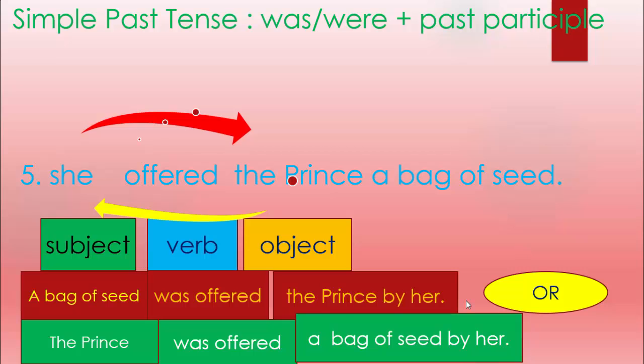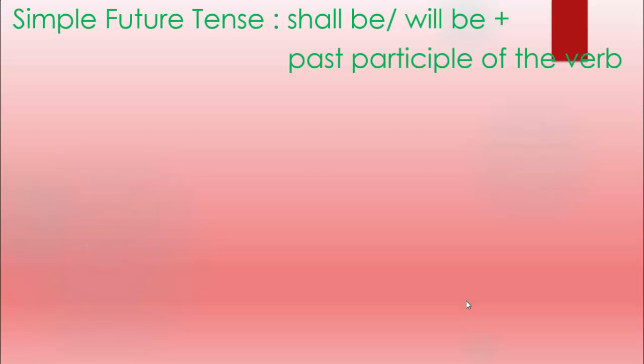Now we will see an example of simple future tense. The formula is shall be, will be plus past participle of the verb. Here is an example. The police will arrest him.